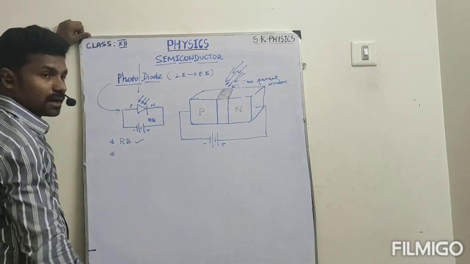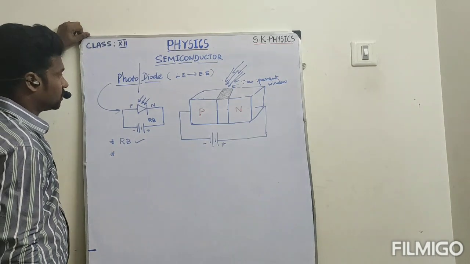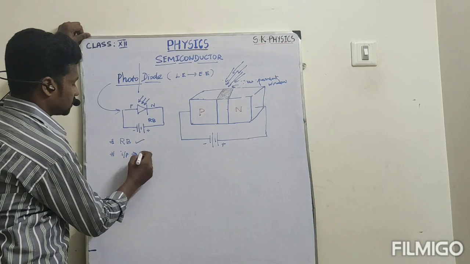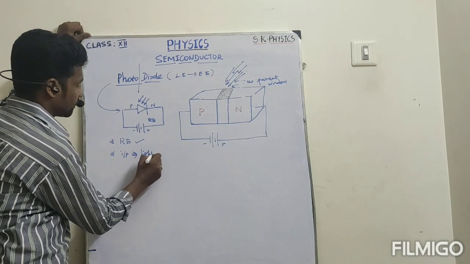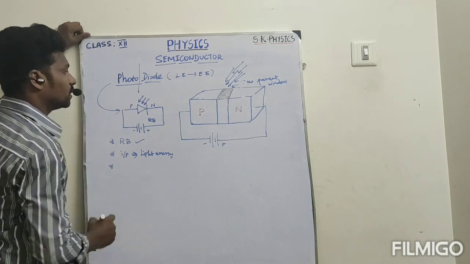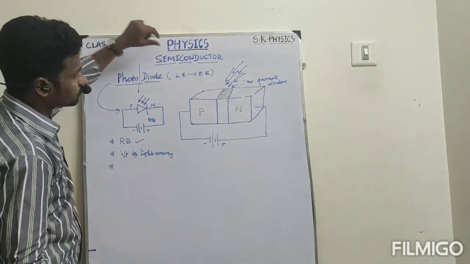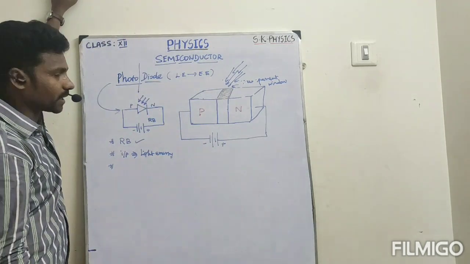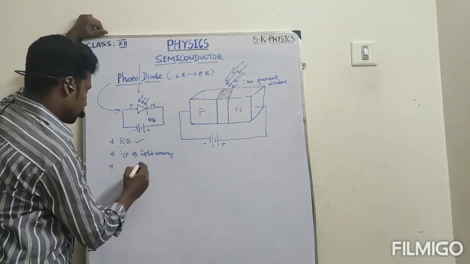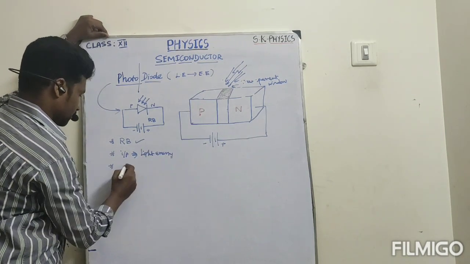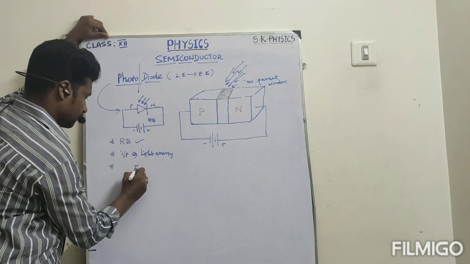The second point, the input is light energy. One more thing, you know here the band gap. In this diode there is an energy gap, Eg.